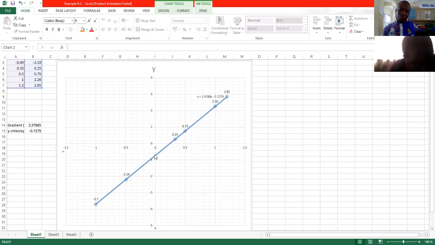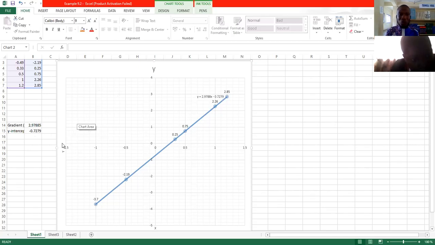This is where our line cuts the y-axis, which is the y-intercept. Unfortunately for us, the software has calculated it for us already. If you are using your grid when you plot, you should have negative 0.7279.